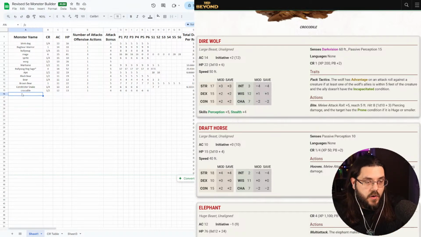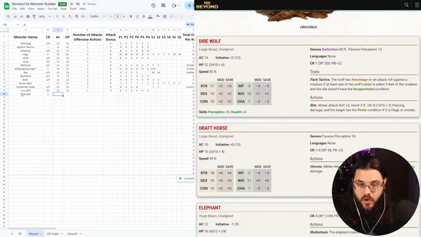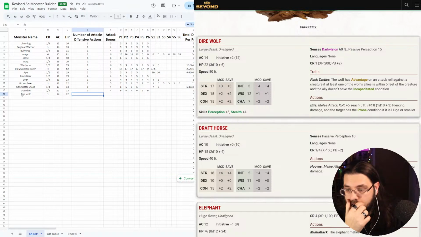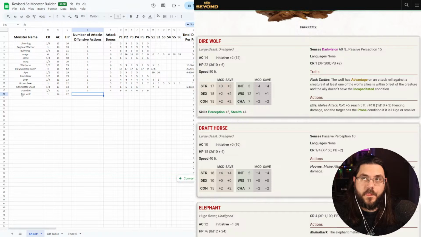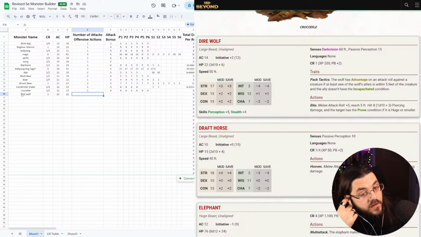Direwolf, CR1. Its AC is 14. I'm surprised at how low a lot of these ACs are, especially when the damage output on a lot of these is still quite low.